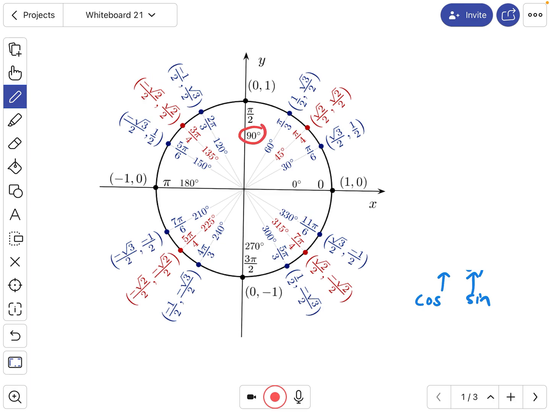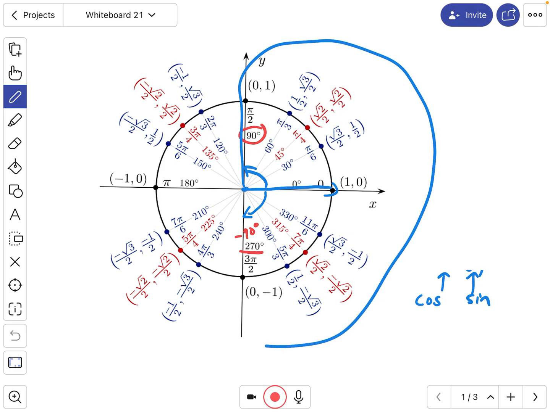Well, negative 90 would be down here, where it's positive 270 degrees, that's also negative 90 degrees. Because imagine this initial ray opening up positive 90 and negative 90. So we're really talking about this area over here. This would be the first quadrant, and then this would be the fourth quadrant of this unit circle. Okay, so that's the first part.